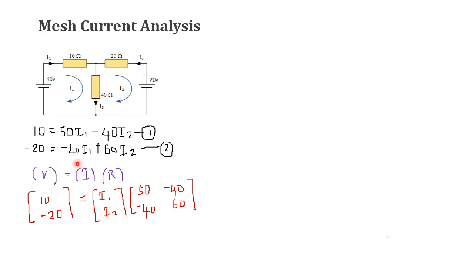But here what we need is the I matrix, the magnitude of currents such as I1 and I2. So to find I1 and I2 according to Ohm's law, as we all know, I is equal to V over R. So that is equal to V into 1 over R, which we can write as V into R inverse.